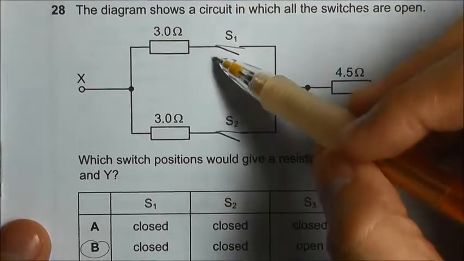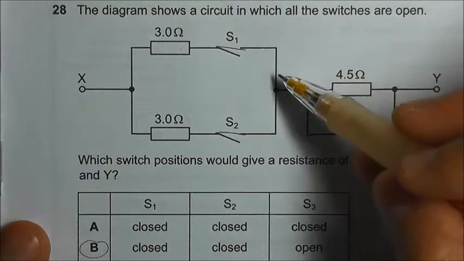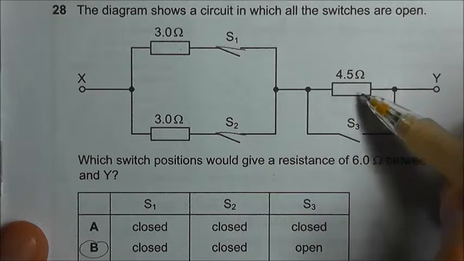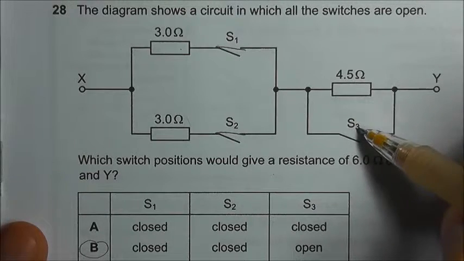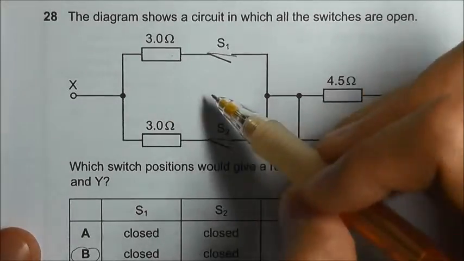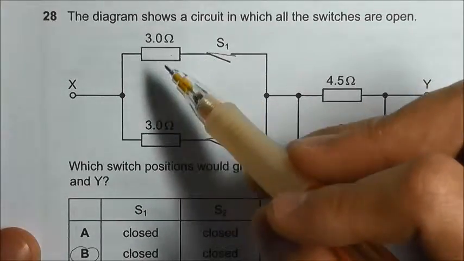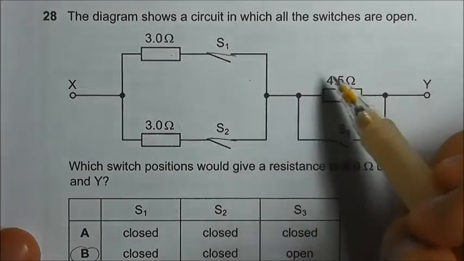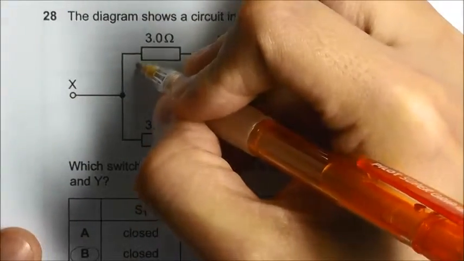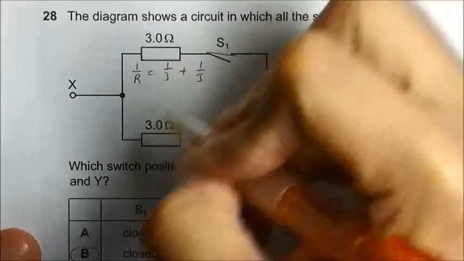It becomes a parallel branch of 2 3 ohm resistors, and after that the current will go through the 4.5 ohm because S3 is open and it is an open circuit. To calculate the total resistance, we just need to calculate the parallel branch, and then add to this 4.5 ohms. 1 over R is equal to 1 over 3 plus 1 over 3.